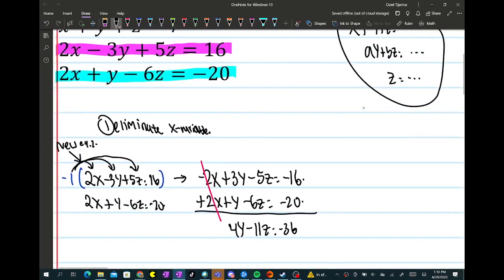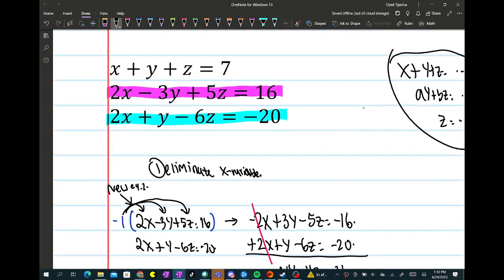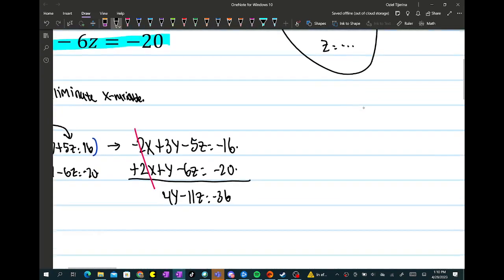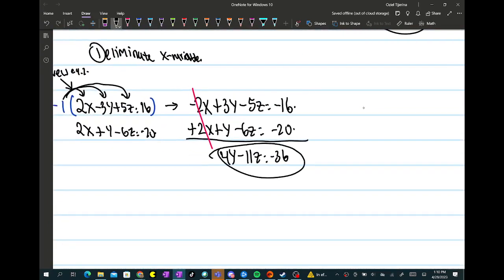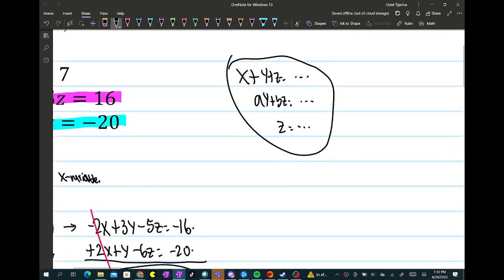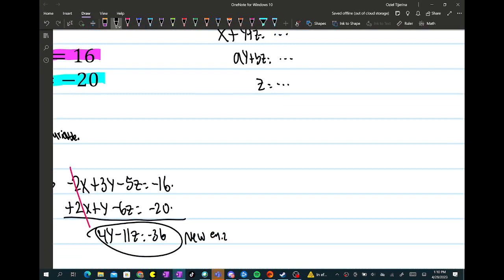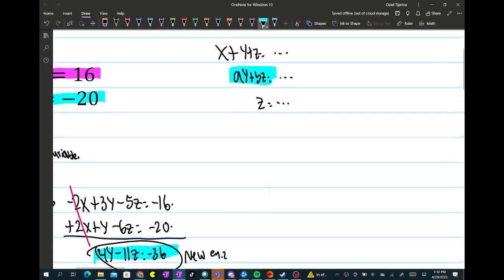This is going to go in as new equation 2, because we want to follow this format here. I have a y and a z, so obviously this part is going to go in the middle.